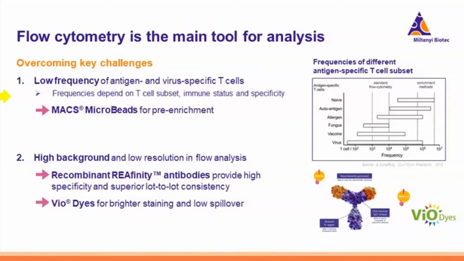Furthermore, to overcome high background staining and also enable a more high-resolution flow analysis of these rare T cells, you can use our recombinant REAffinity antibodies that were already introduced by Ormi a couple of minutes ago. Coupled with VioDyes, our REAffinity antibodies really provide a very crisp and bright staining with low spillover, which is especially good for multi-parameter analysis.